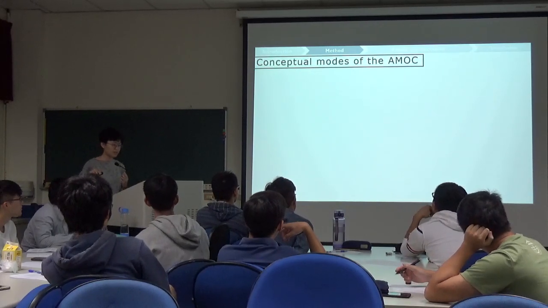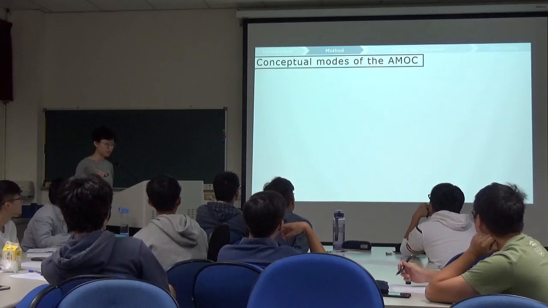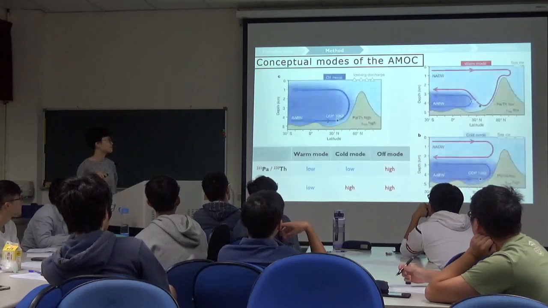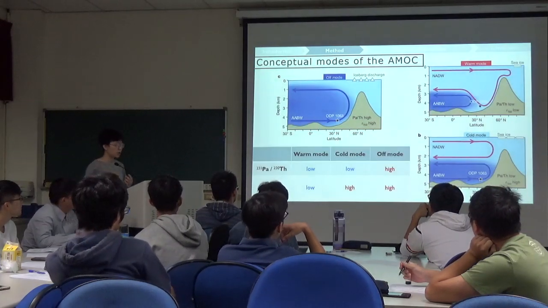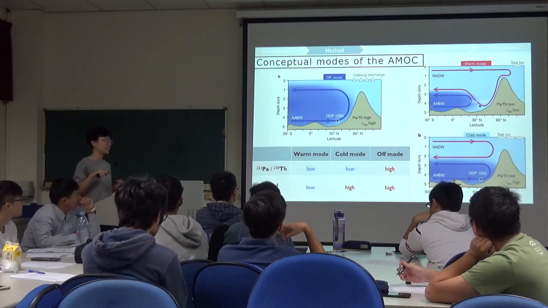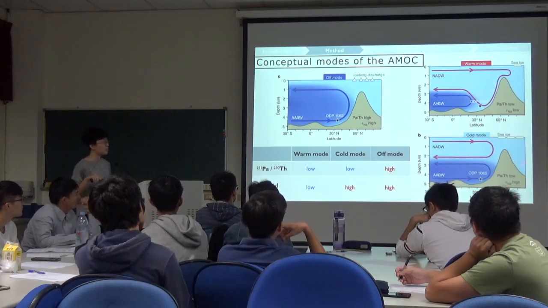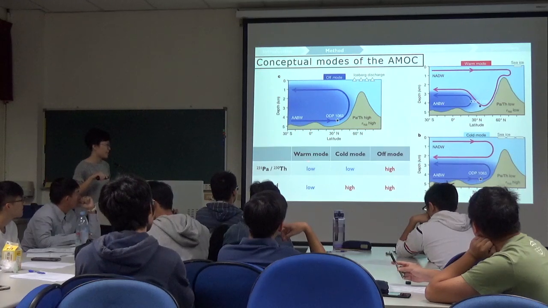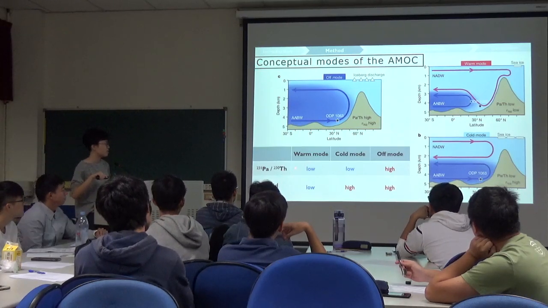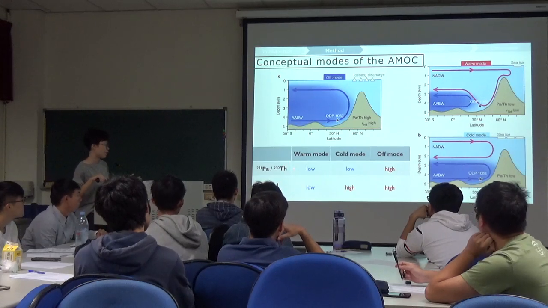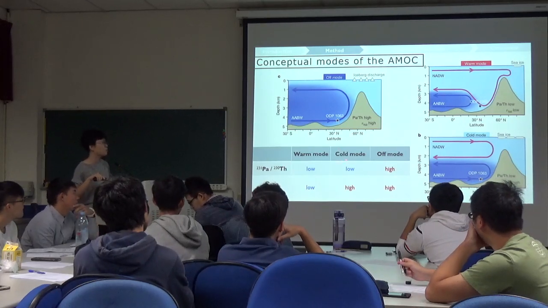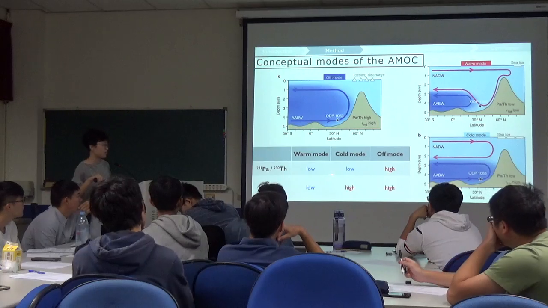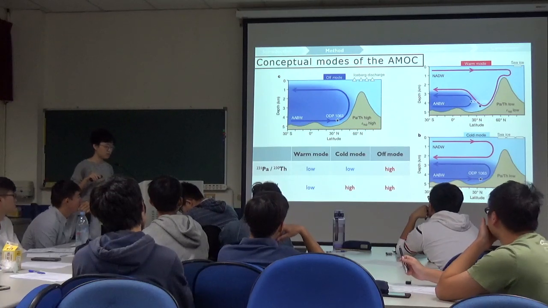The next important thing is the conceptual modes of the AMOC. There are 3 modes that have been built in lots of research, and these different modes correspond to different values. The warm mode corresponds to low values, and the cold mode corresponds to high values.